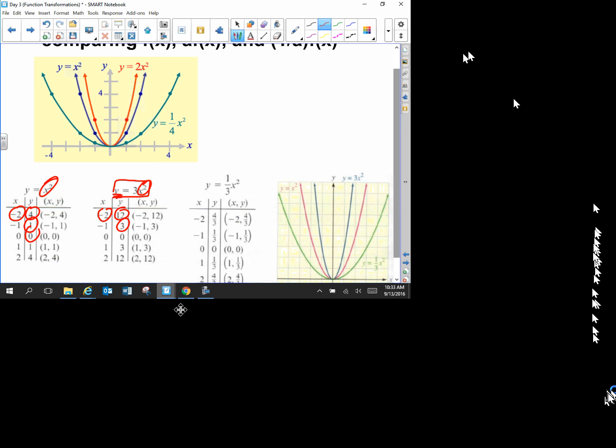You can see right here, as I graph y equals 3x squared, what happens to the function? Does it get wider or skinnier when I triple it? Is this a stretch or a compression? This is happening vertically because we put it on the outside of that function.